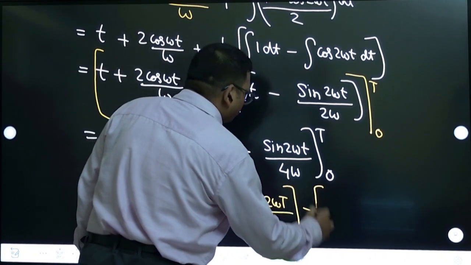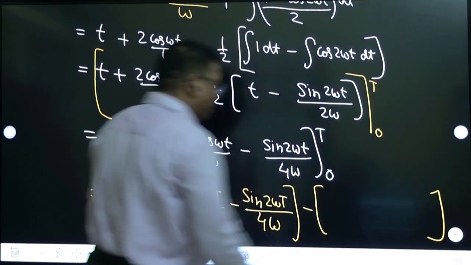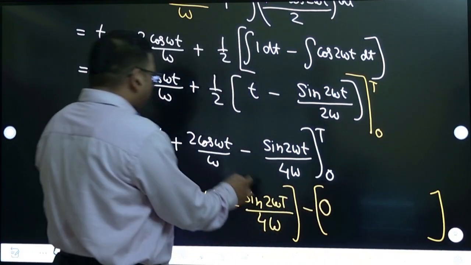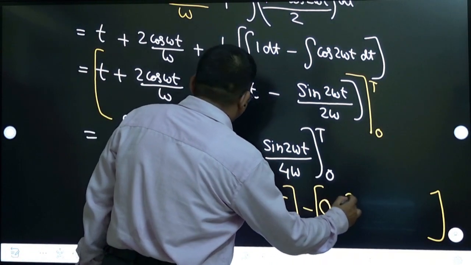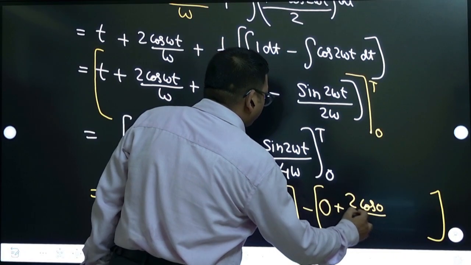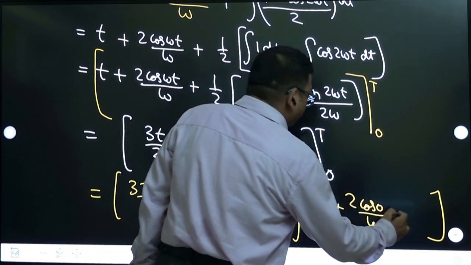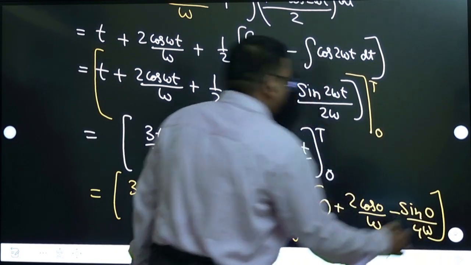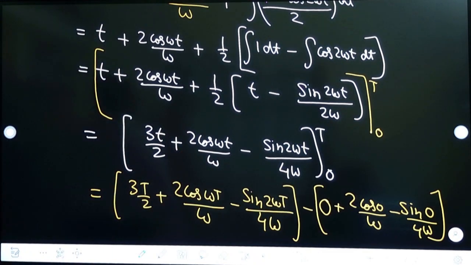Now let us substitute the lower limit. First term will be 0, next term will be 2 cos 0 by omega, next term will be minus sine 0 by 4 omega. Are you clear about this? Check that.